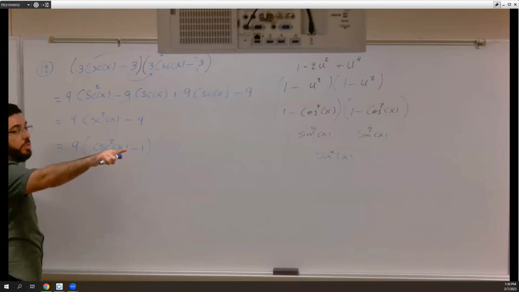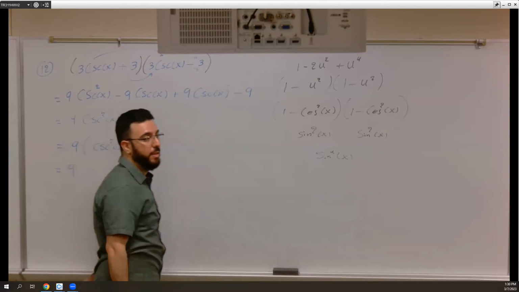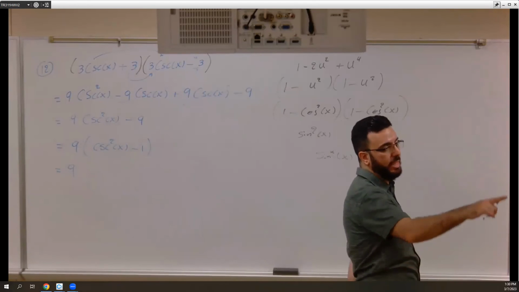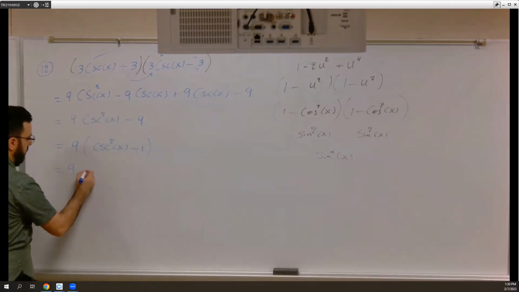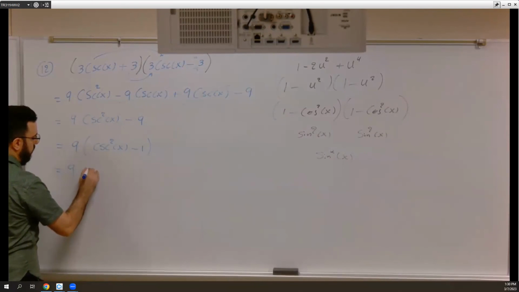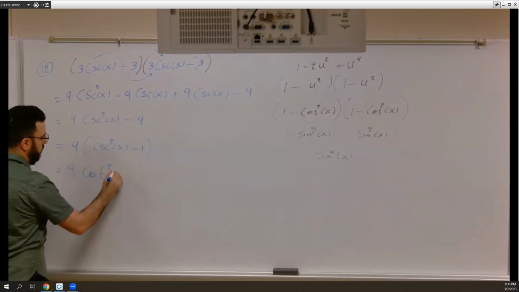Cosecant square is 1 plus cotangent square, so cosecant square minus 1 equals cotangent square. So this one is 9 cotangent square x.